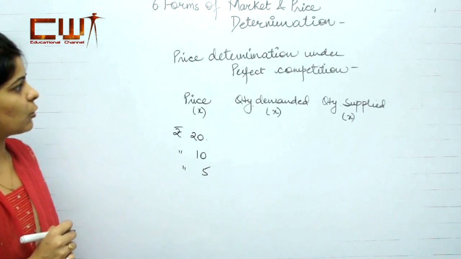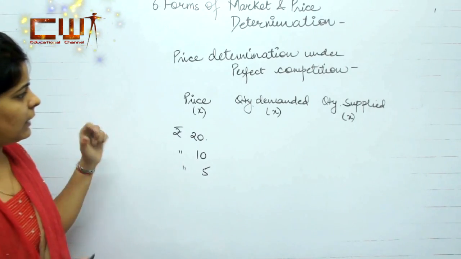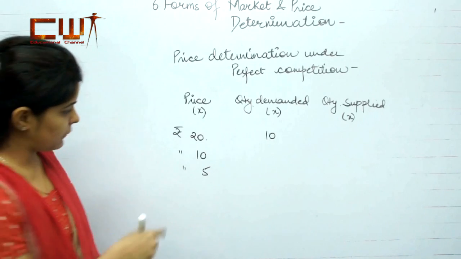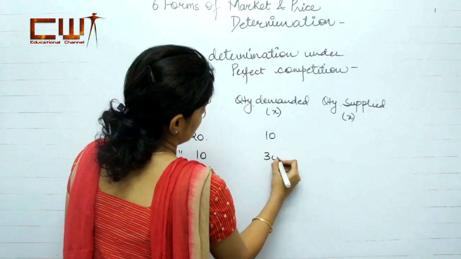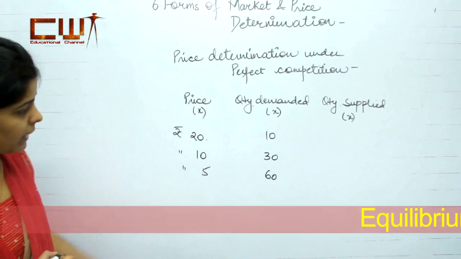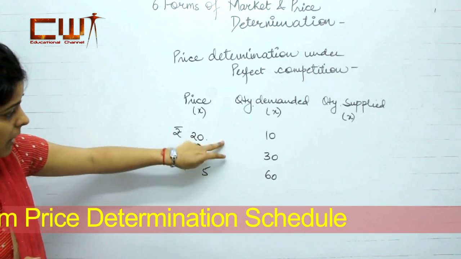Then the quantity demanded: suppose at price 20 it is 10, at 10 it is 30, and at 5 it is 60.